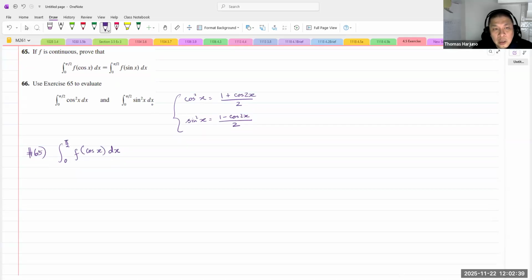Okay, so if I say u equals cosine x, then du equals negative sine x dx. Is that what I want to do? Actually, I don't think that's what I want to do. No, that's not what I want to do.